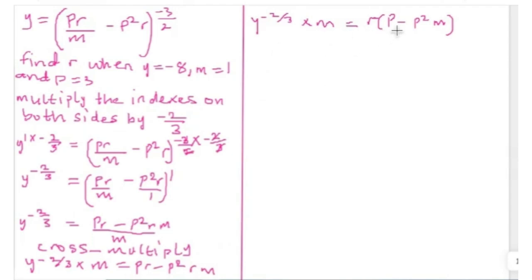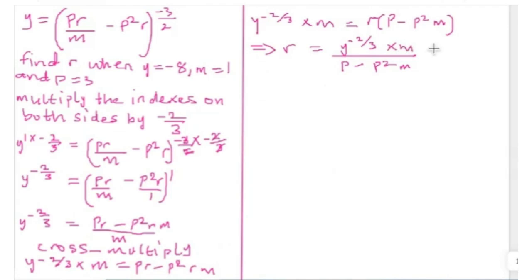So from here, we already have our expression. We divide both sides of this equation by the coefficient of r here, which is p minus p squared m. So without much ado, we can write our answer: r equals y raised to power −2/3 times m, everything divided by (p minus p squared m).